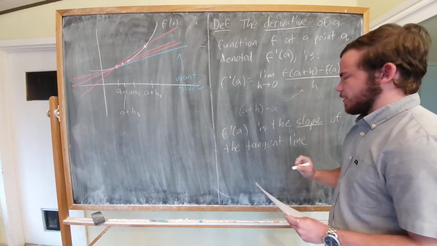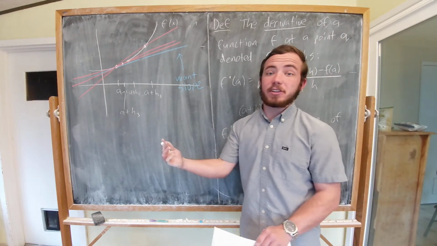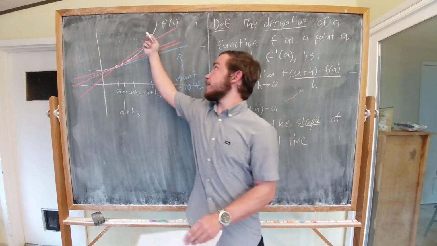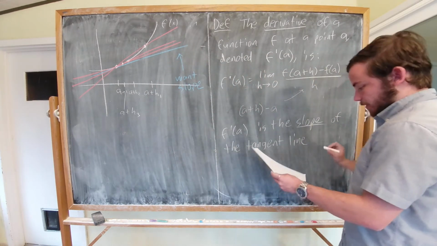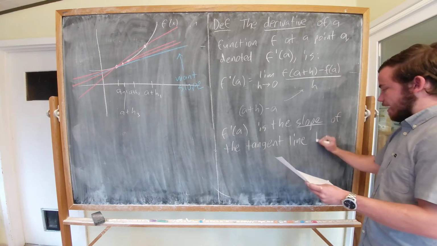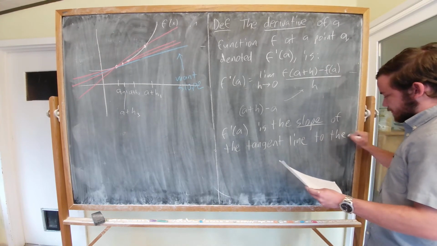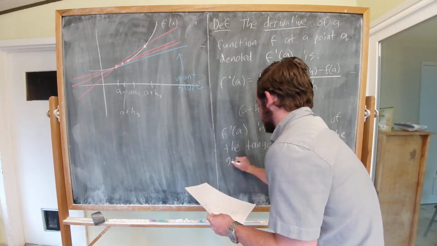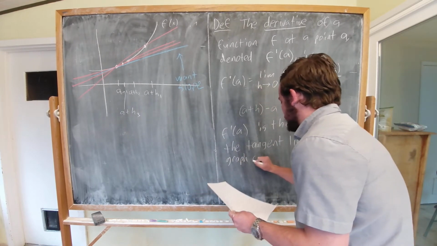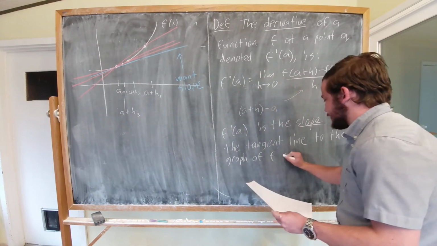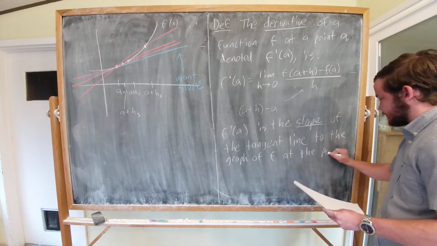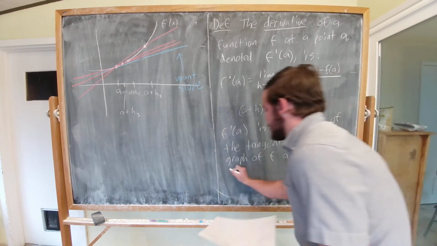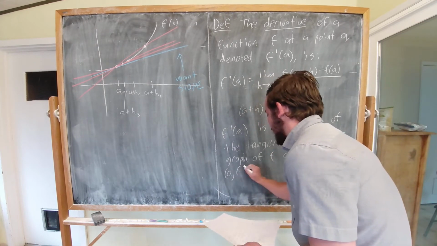For those of you who haven't heard what a tangent line is before, because I keep tossing that term around, a tangent line is a line that hits a curve at only one point. So, tangent line to the graph of f at the point a, f of a.